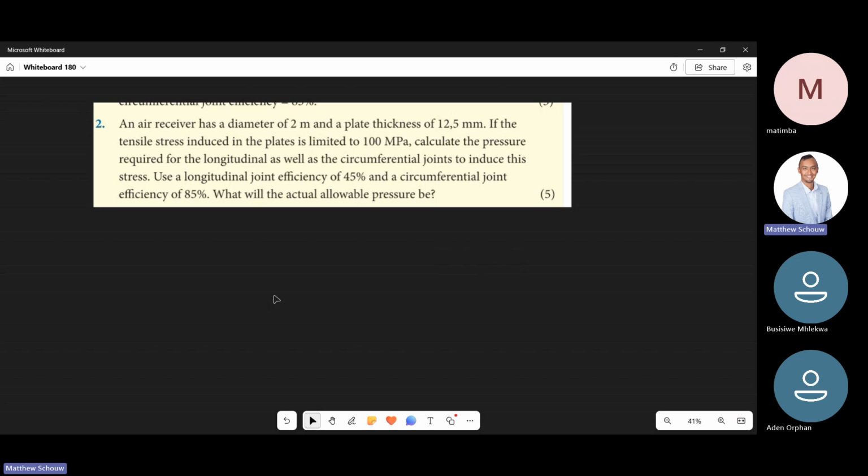All right. So I'm assuming you've all looked at the thin wall pressure vessels. Before we begin, is there anything which you require understanding before I move on with this kind of problem? Anything? Nothing?